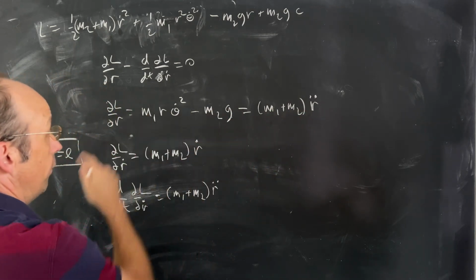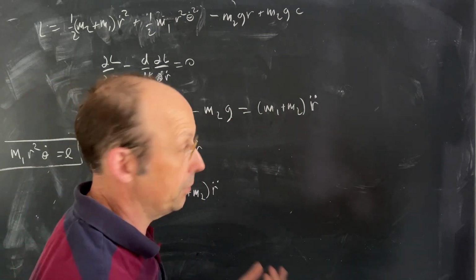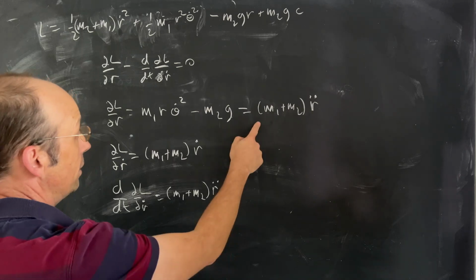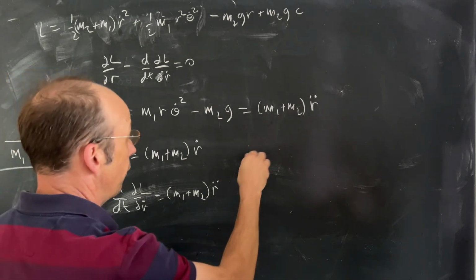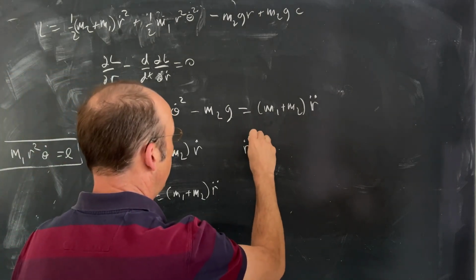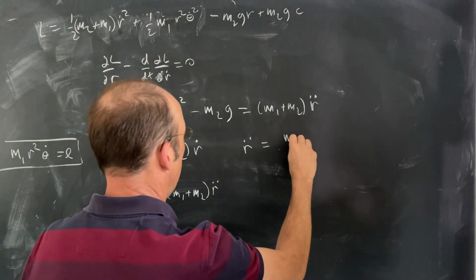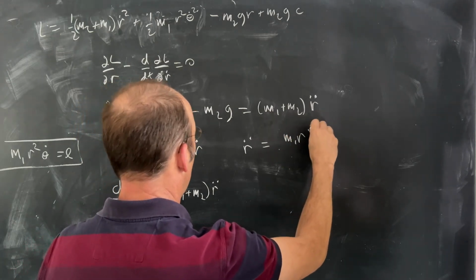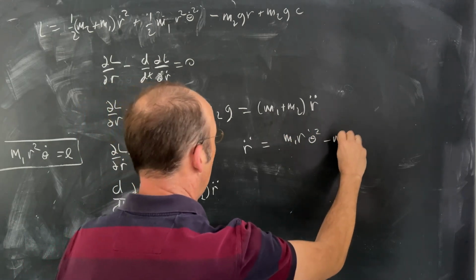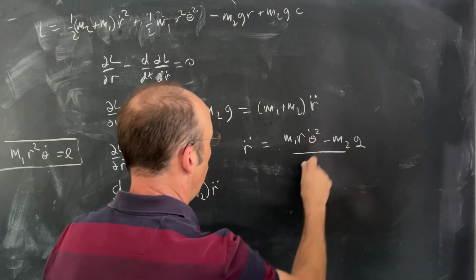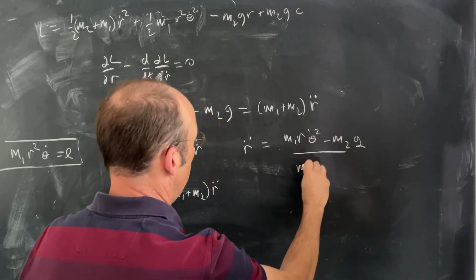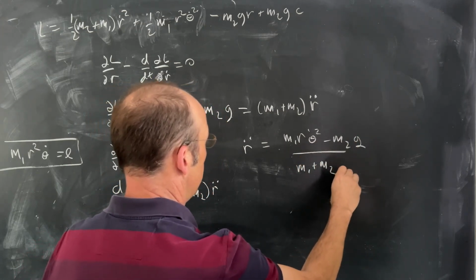There's no second derivatives of theta, because remember that was 0. So I could solve for this, and let's go ahead and do that. I'm going to write this as r double dot is going to be equal to (m1 r theta dot squared minus m2 g) over (m1 plus m2).